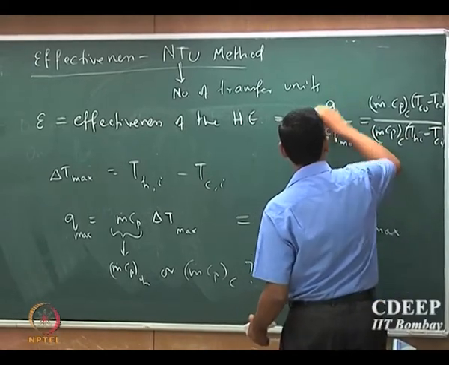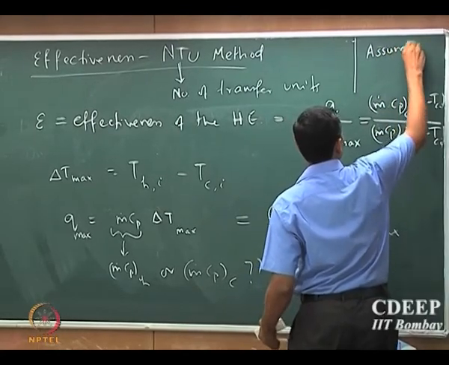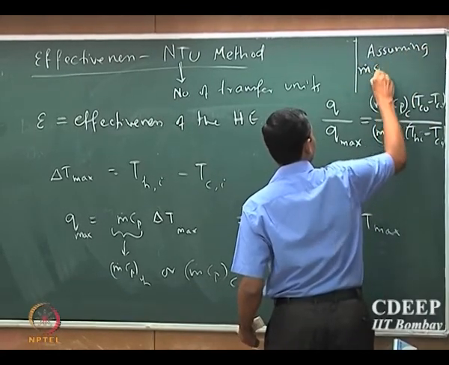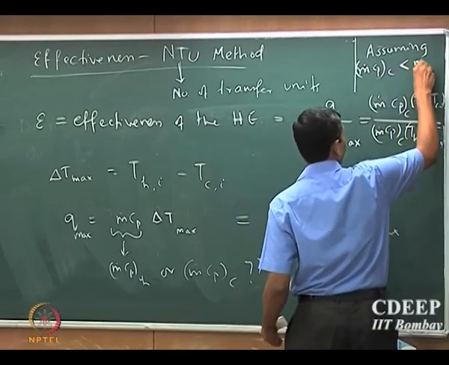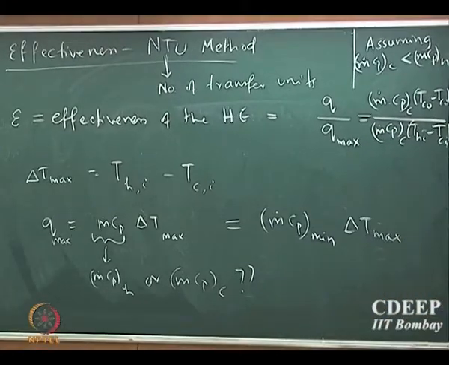This is by assuming m dot Cp of cold fluid is less than m dot Cp of hot fluid. This is a very generic definition. Irrespective of which fluid is going to have the maximal temperature change, you can always define it in terms of the minimum capacity multiplied by the maximal temperature difference.